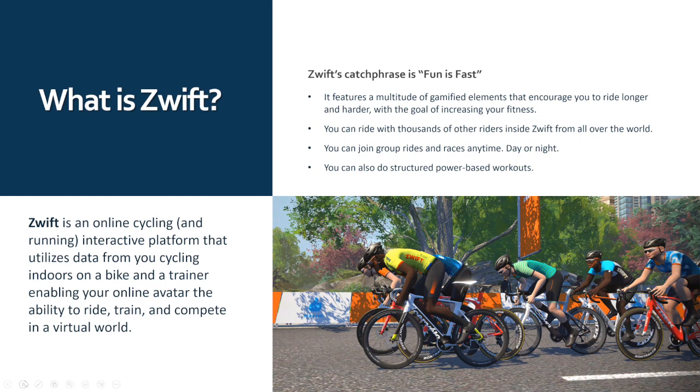And what it does is it allows for you to connect an indoor bicycle and a trainer, transmit the power data that you would in actually cycling the bike to data and performance in an avatar in a virtual space that is then able to compete against others, able to do workouts and trainings. And that correlates with the power that you're generating while you're actually on the bike and generating that wattage through an actual power meter that's transmitting that to a computer.